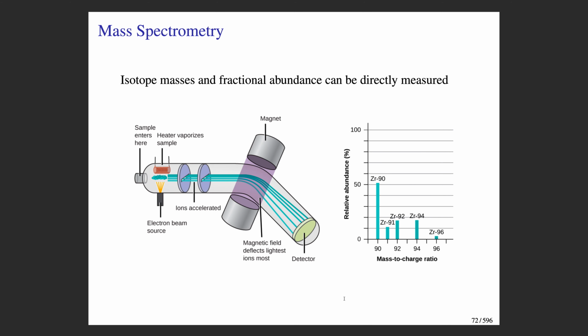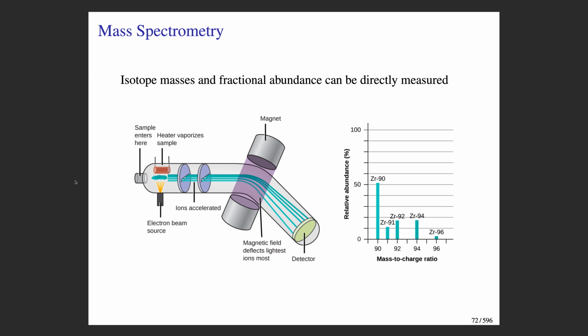Both the isotope masses and the fractional abundance for a given isotope can be measured using mass spectrometry. In mass spectrometry, you have a sample of vapor, elemental vapor, I should say atomic vapor, that is charged using an electron beam.